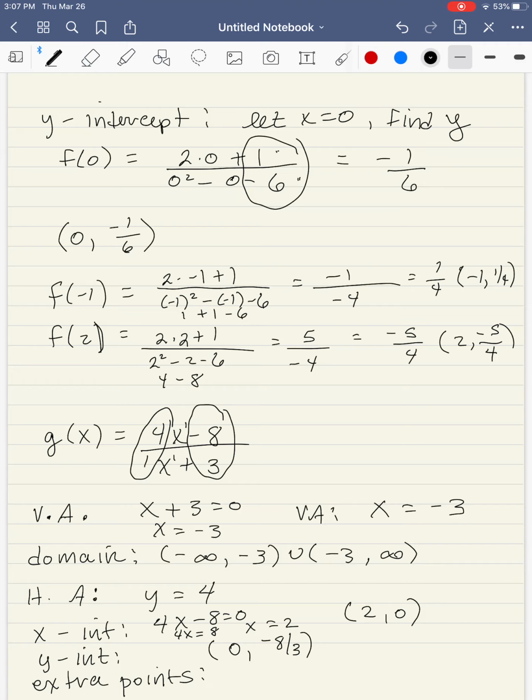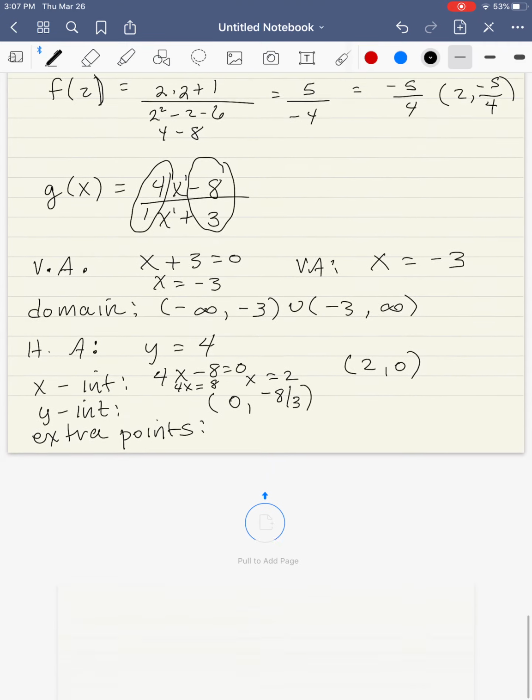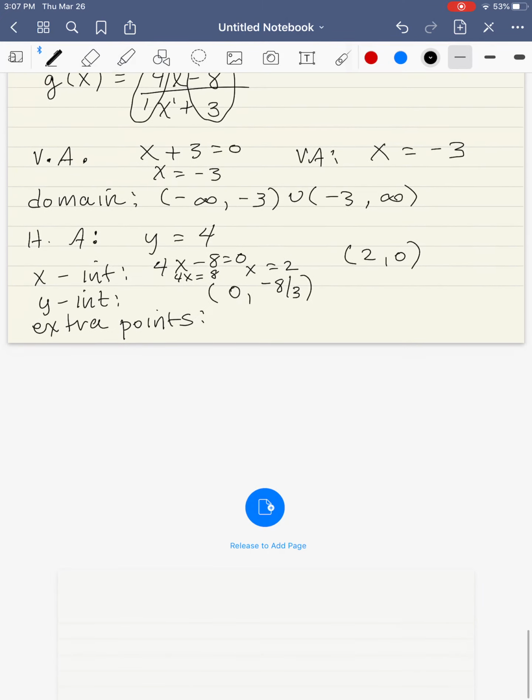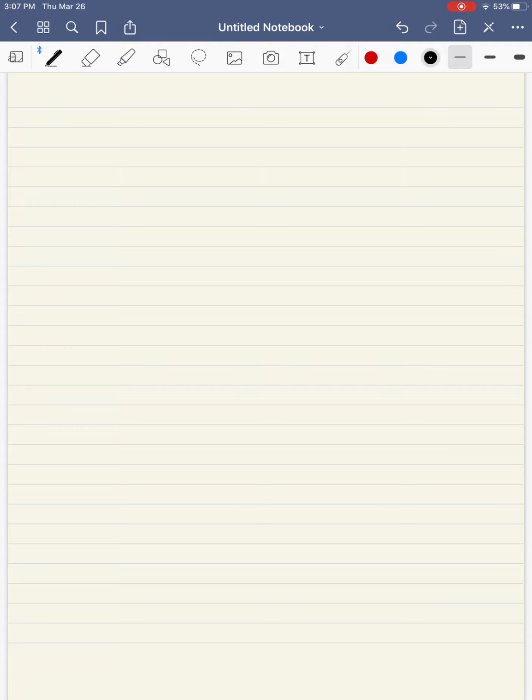All right, I'm going to go ahead and do the horizontal and vertical asymptotes first, and plot the x and y intercept before I do the extra points, because I don't know yet where I need that extra information. So I'm going to rewrite this so I remember it.